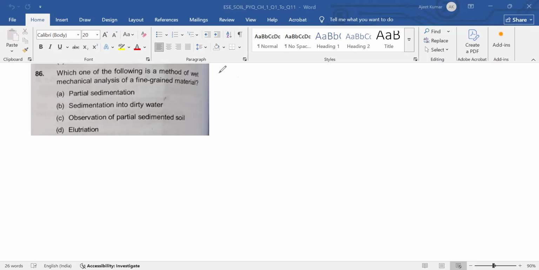So the first one is decantation. The second is filtration. Third is pipette method.